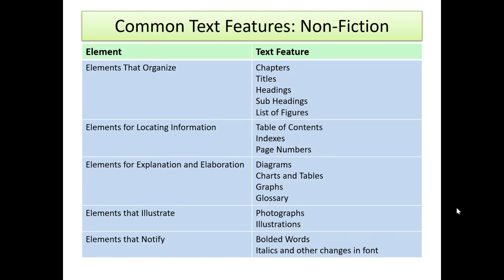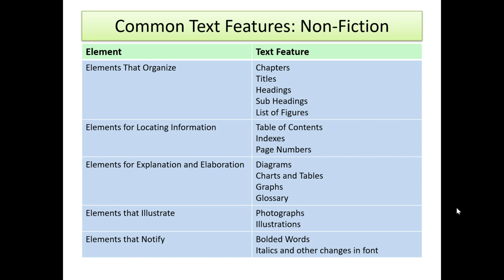As for features in a nonfiction text, there are elements that organize our nonfiction text, especially if we're looking at books. Those books will be listed by title or chapter with headings and subheadings to organize specific information. Elements for locating information within a nonfiction text might be a table of contents or an index.